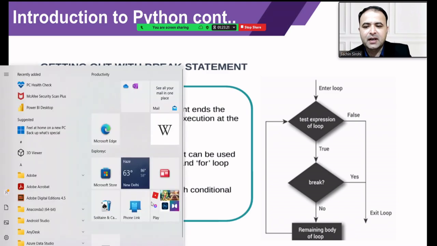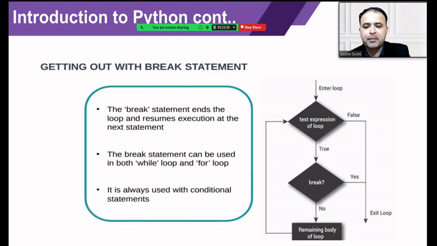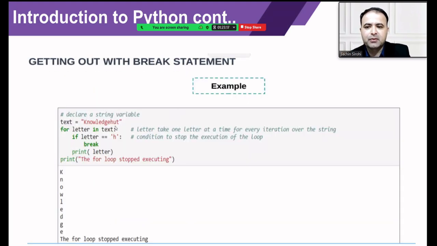Just a real example where I want to use break: the text is knowledge hut. I fetch the text one letter at a time; if the letter is H, then break, otherwise I print the letter.